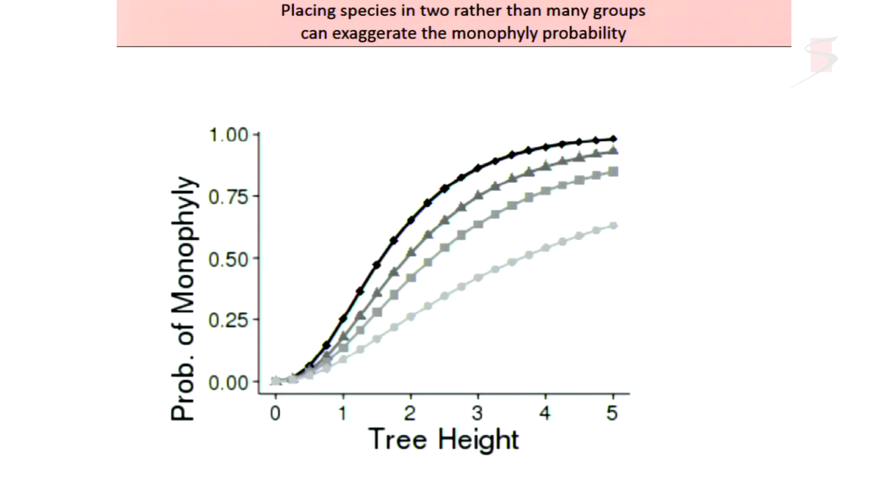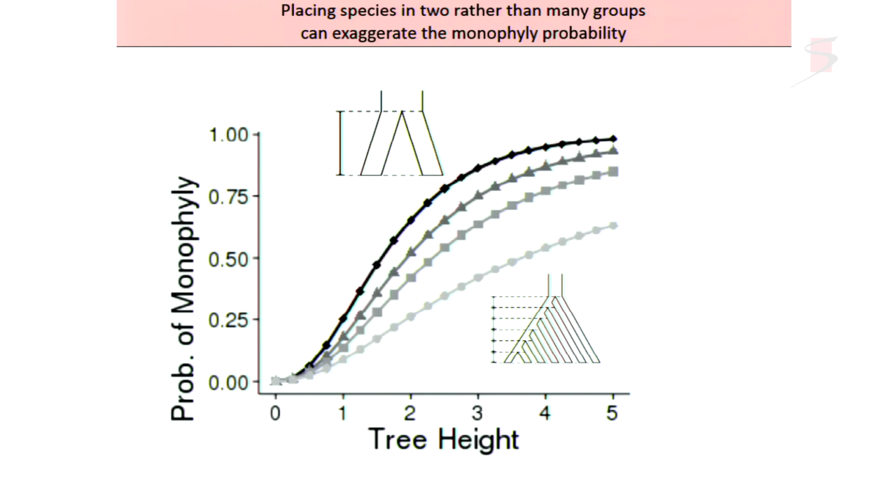Okay, so here's the probability of reciprocal monophyly. This is the case with the actual species tree. And this is the case where the lineages are lumped into 2 groups.